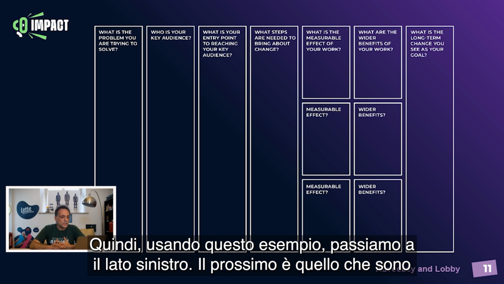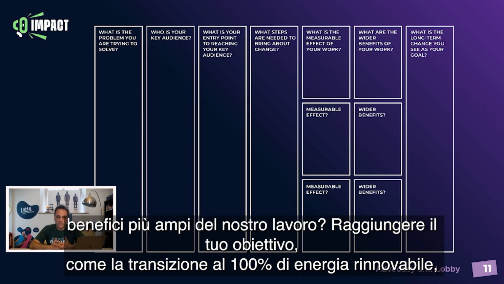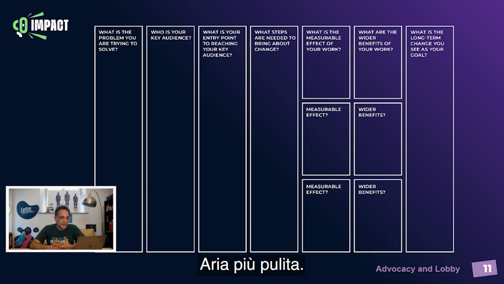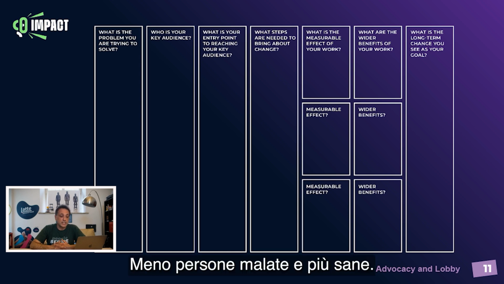Next is, what are the wider benefits of our work? Achieving your goal, like transitioning to 100% renewable energy, will have ripple effects. If you push for renewable energy, for example, you will have cleaner air, you will have new green jobs, you will have fewer people that are sick and people that are healthier.